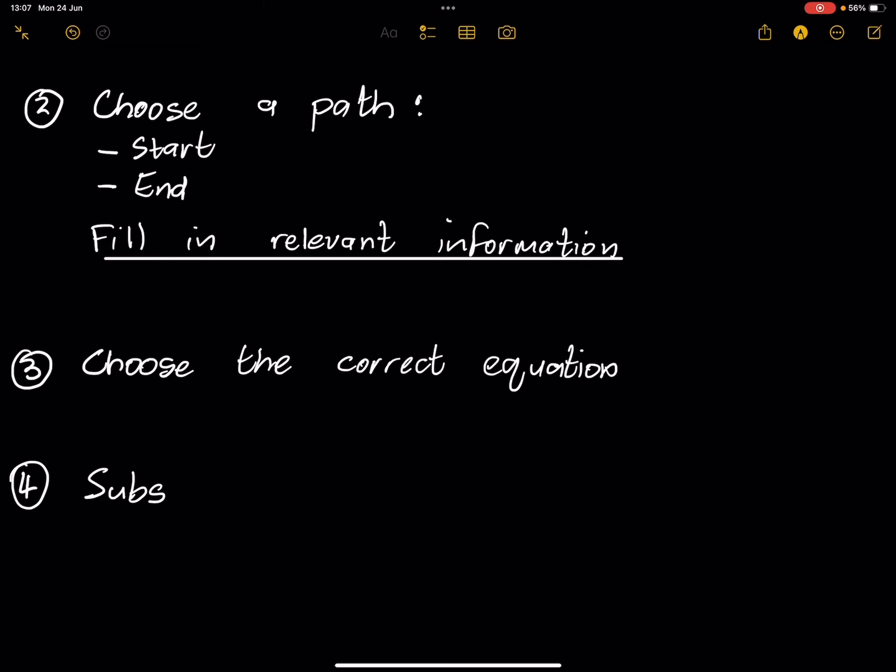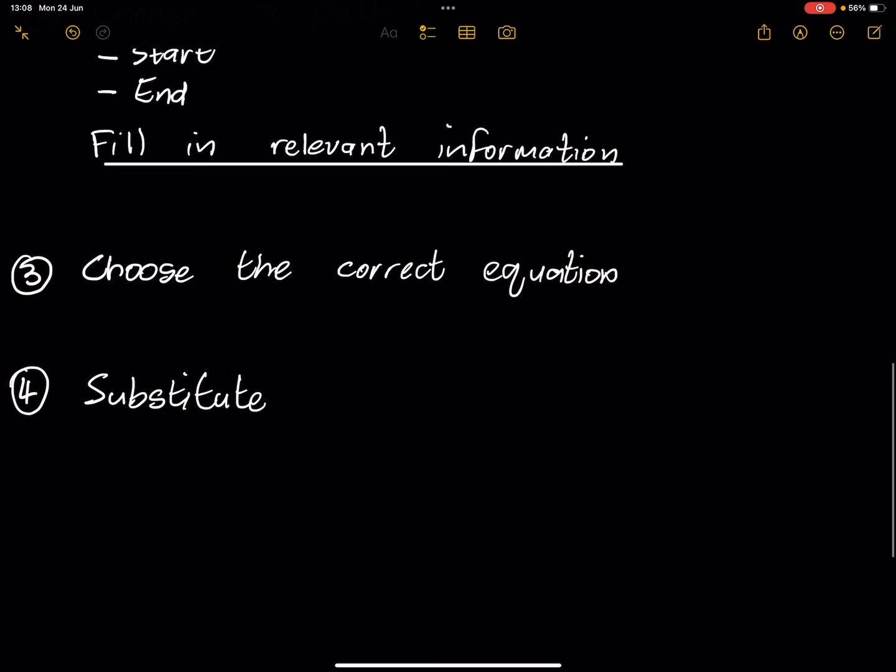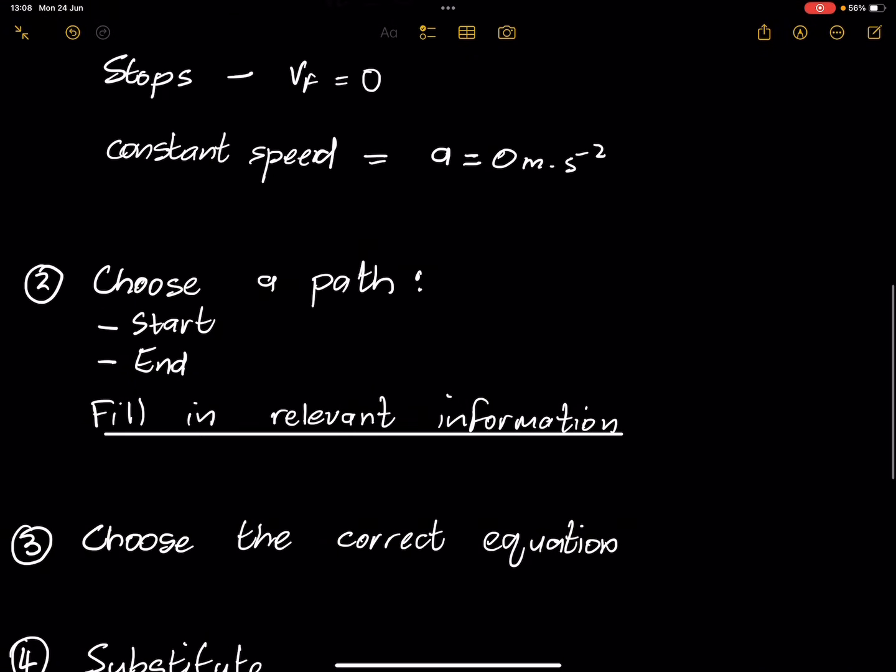Note, for those of you doing the CAPS curriculum, in particular DBE, when you substitute, you substitute first before you start manipulating your equation, before you find the subject of the formula. Now ladies and gents, let's choose some questions and get right into it.